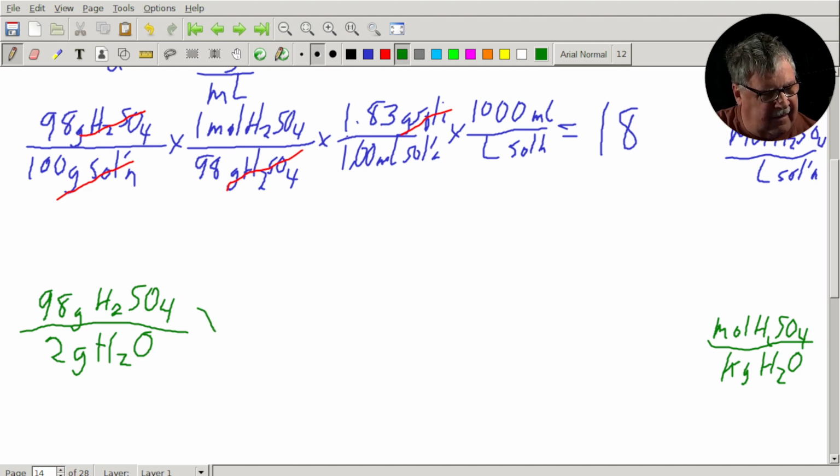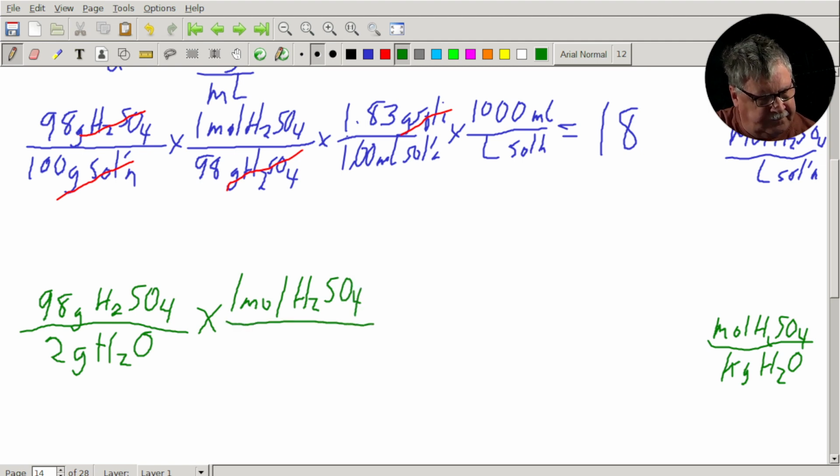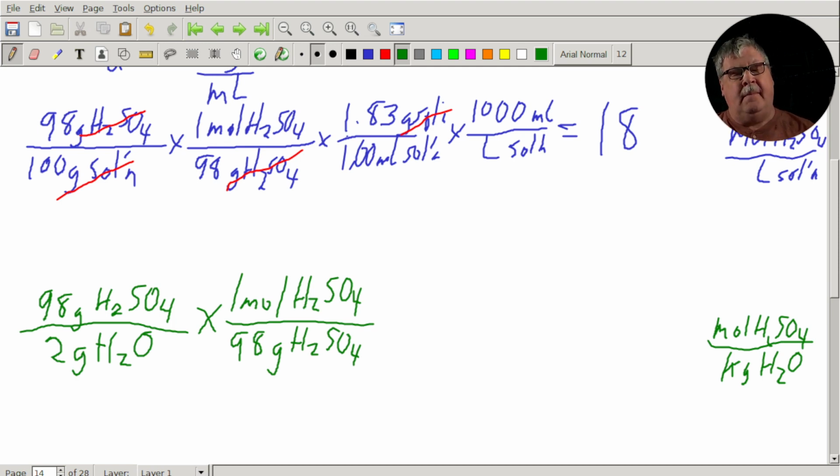All right, so the next thing I'm going to do is I'm going to divide by the molar mass again. I'll just use 98 because, again, this isn't going to be very precise. Okay, now, do I need the density in this calculation?